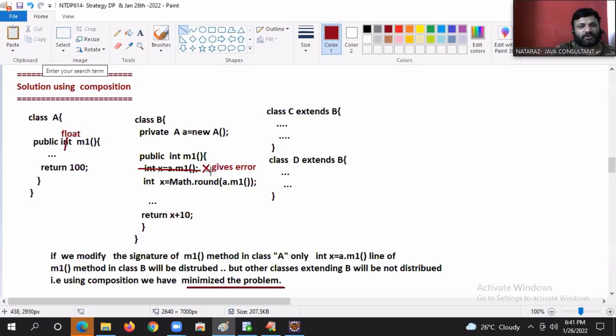This is a float, it gives an error: int x is equal to math dot round a dot m1 x plus 10. Here is D, here is C.